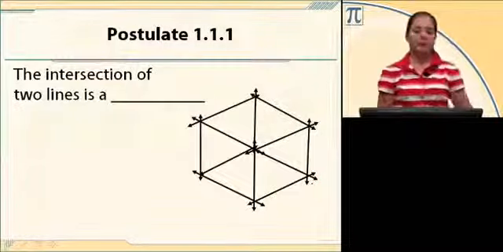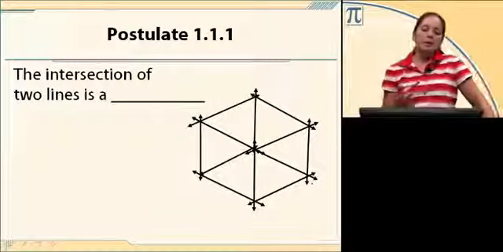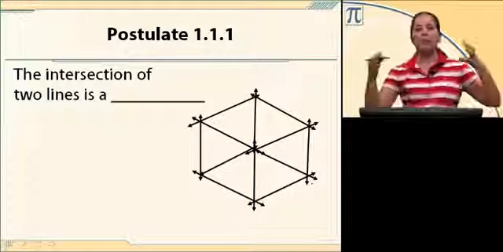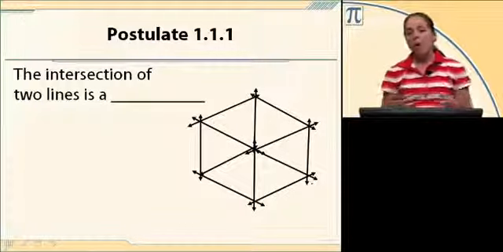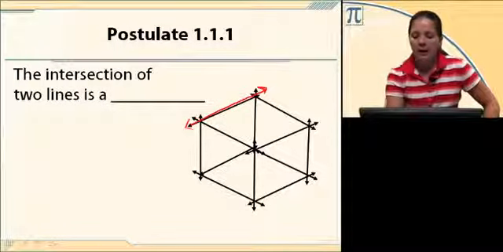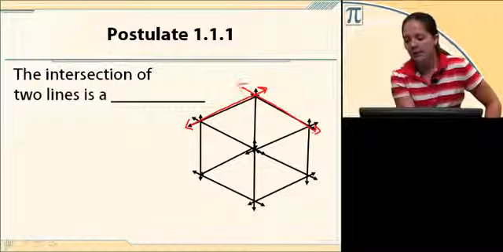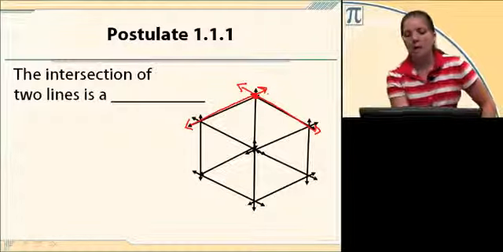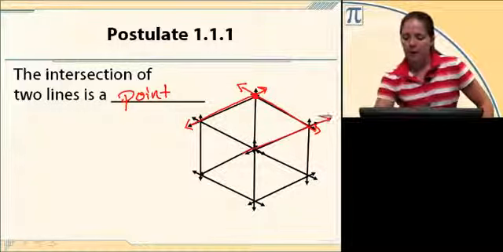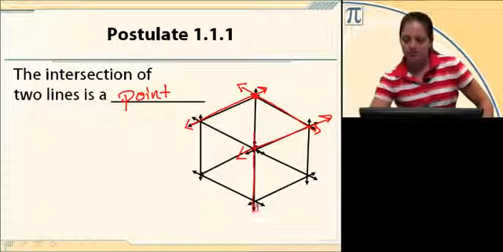We have some postulates. The first one here, the intersection of 2 lines. Well, let's look. If this represents like a rectangular box, prism, or a room that you're in, if you take 2 lines that cross, well, their intersection is a point. Notice if I pick 2 other lines, their intersection is a point.